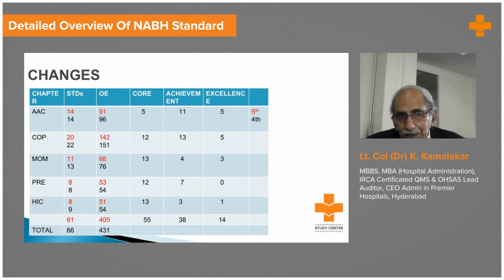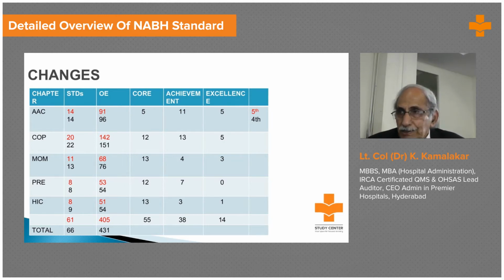So, chapter wise, I have given you how many standards and how many objective elements are there. But prior to the fifth edition, there was nothing like a core element, nothing like an achievement element, nothing like an excellence element. This is the change now.